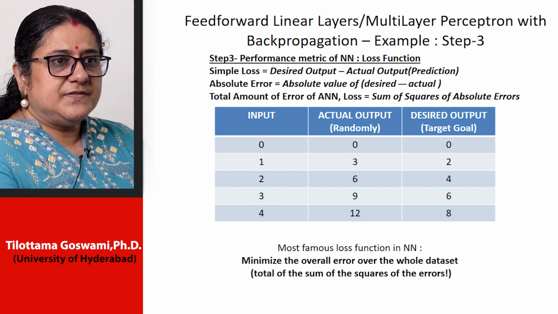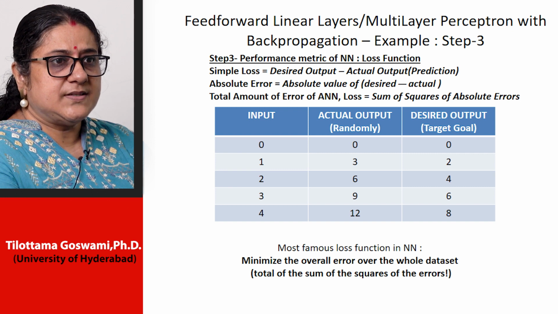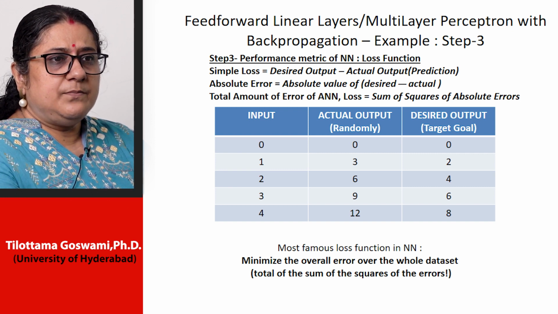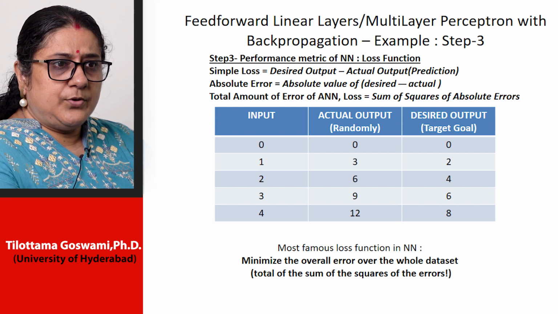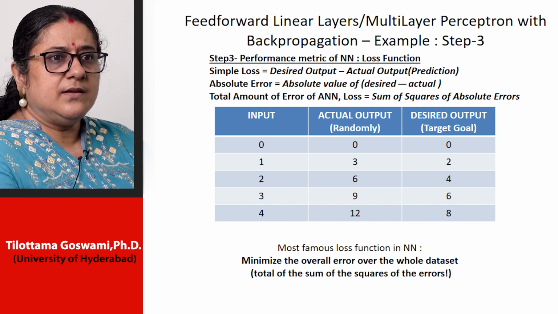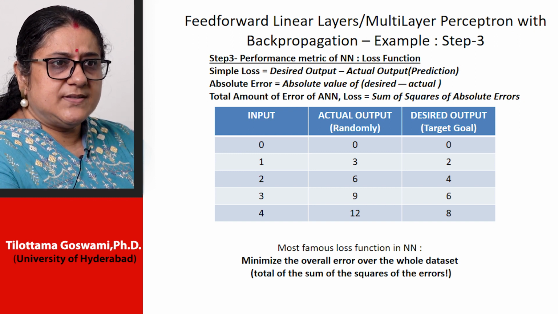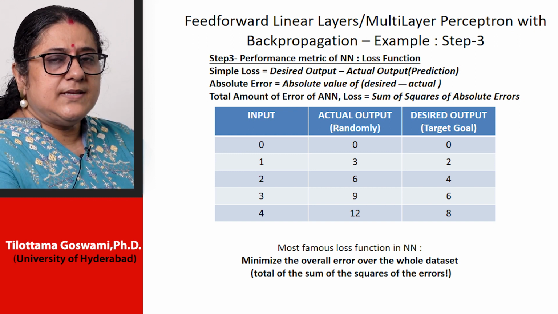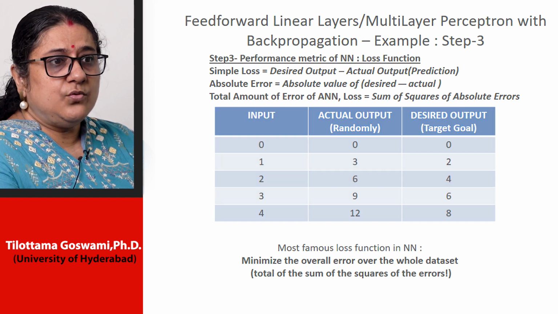Using this formula, we can see the given input, the actual output in the second column, and the desired output in the third column. We have to minimize this overall error rate for the whole data set.